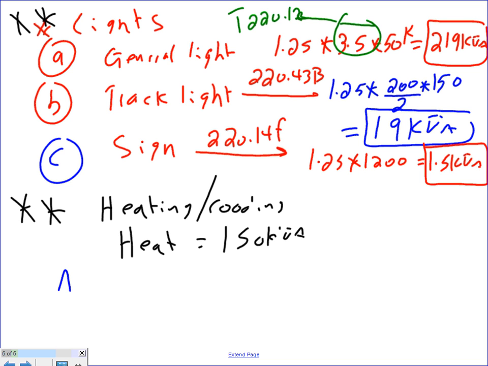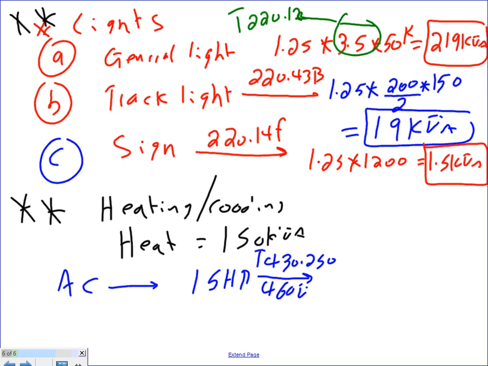For the ACs, I have 15 horsepower. I need to go to the full load amp. If you take this one to 430.250 table under 460 volt, you will find it 21 amps. It gives you 21 amps.